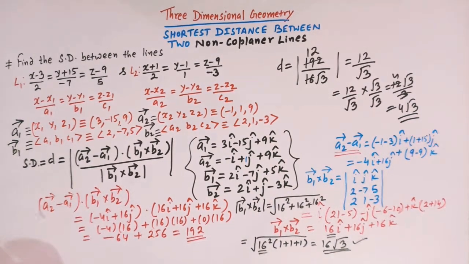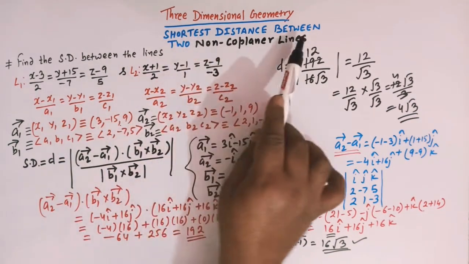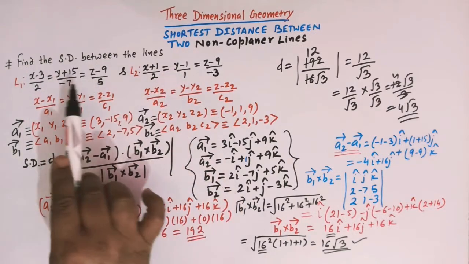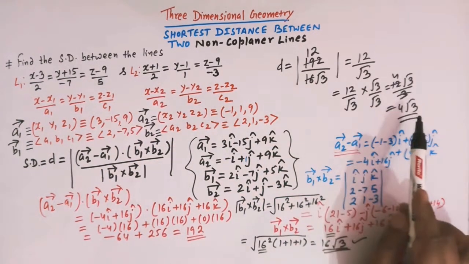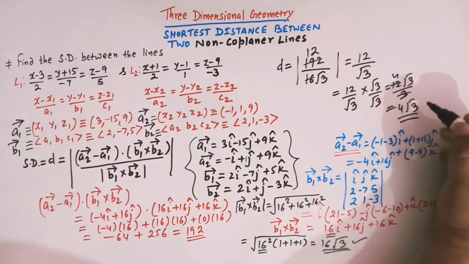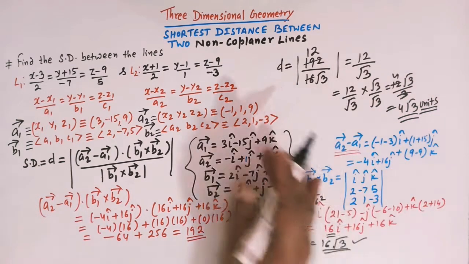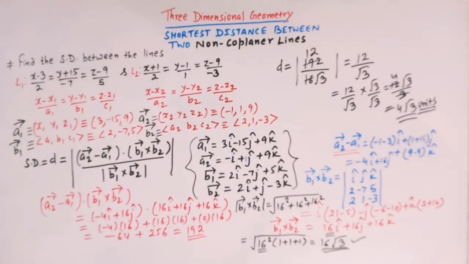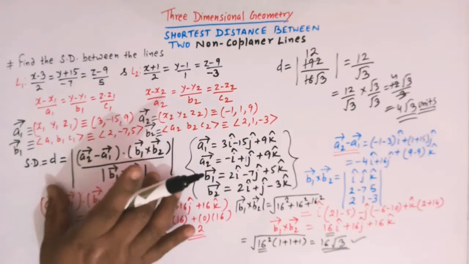So viewers, the shortest distance between these two non-coplanar lines is 4 times square root of 3 units. This is how we find the shortest distance between two non-coplanar lines with the help of this result.